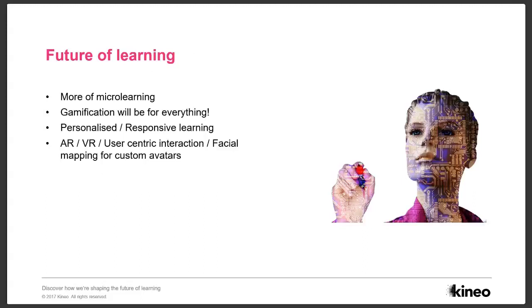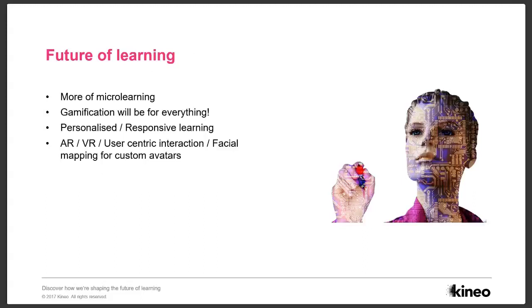And with the increasing use of responsive learning, more and more responsive learning platforms are being introduced on the web, just like Carl mentioned about Rise. Adapt and other authoring tools are also doing a lot in this domain.